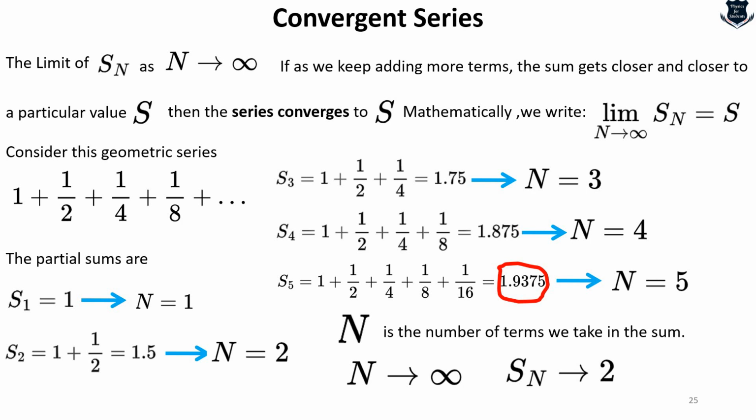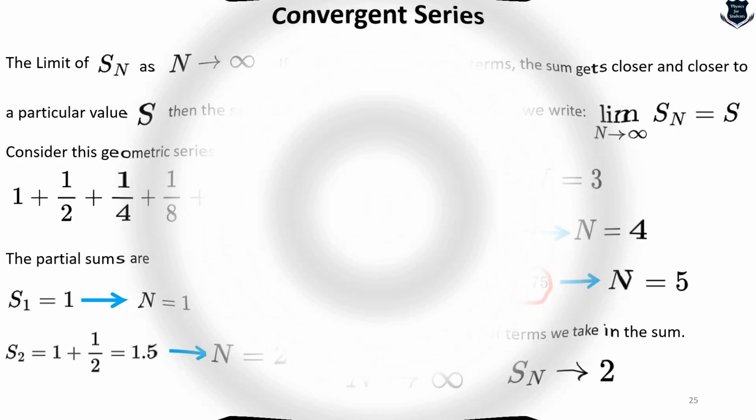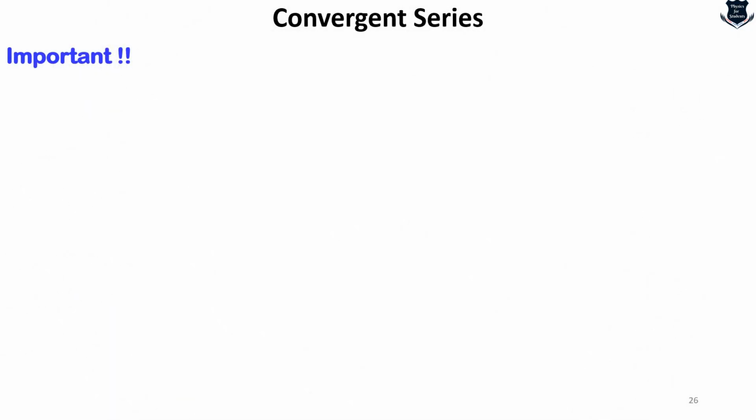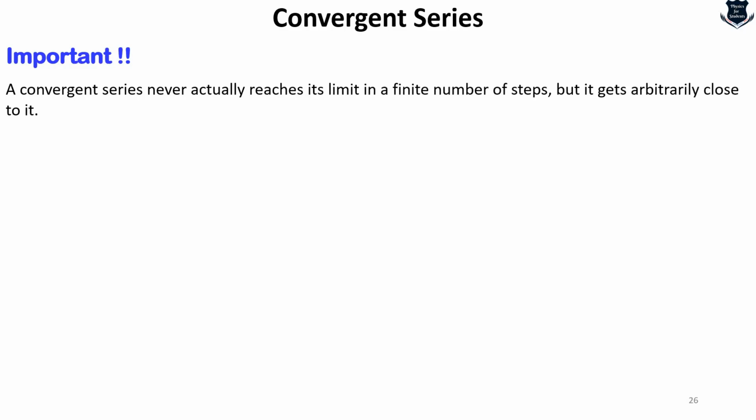Now, apart from this converging, apart from the limit that n is going towards infinity, one thing is very important. Remember that a convergent series actually never reaches its limit, but it gets arbitrarily close to it. That means the sum keeps increasing and the amount added each time gets smaller and smaller.